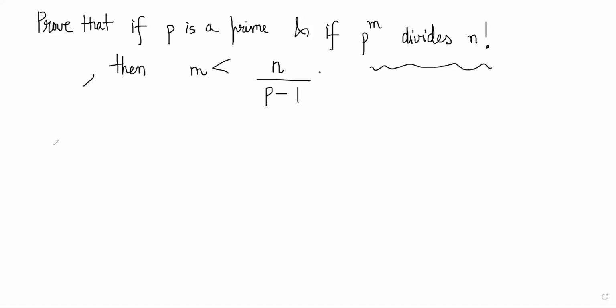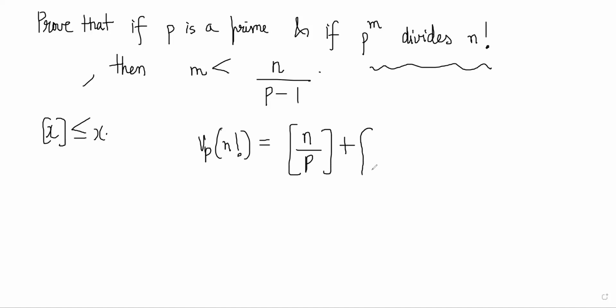We know that floor of x is always less than or equal to x. So since Vp(n!) was equal to floor(n/p) plus floor(n/p²), floor(n/p³), and so on, think about it.